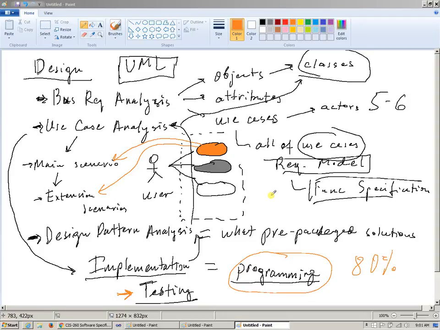I think what can make this process more successful is, when you do this stage of use case analysis right here, right? So you're doing your use case analysis.